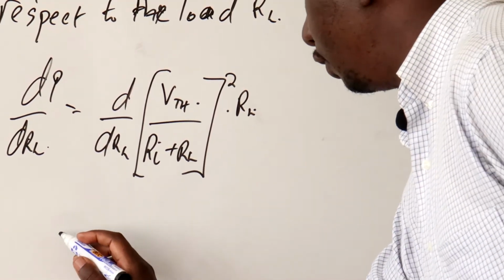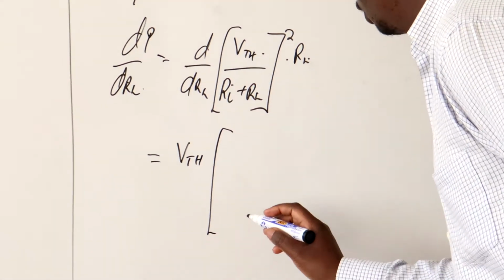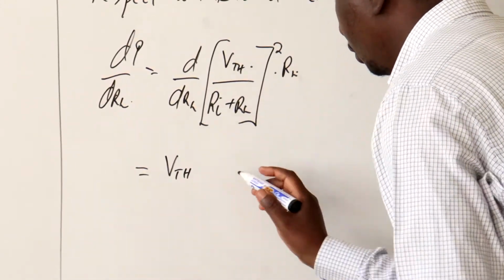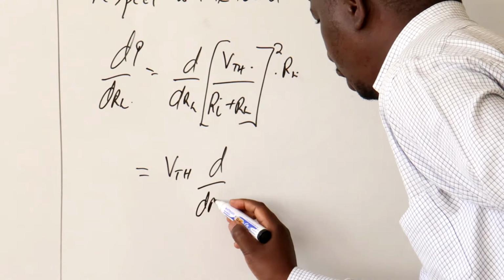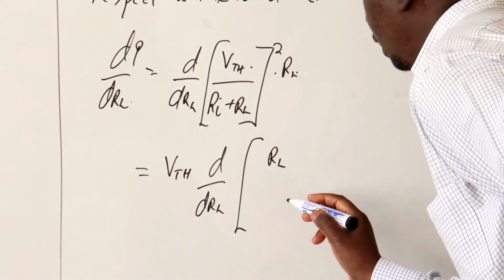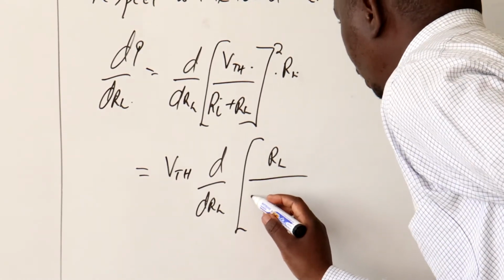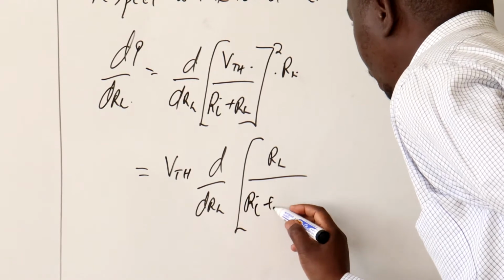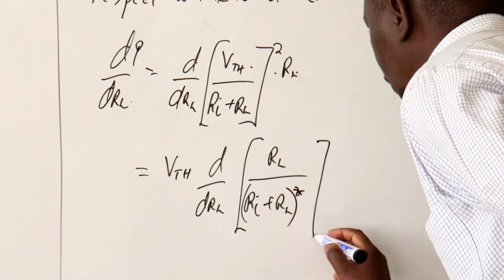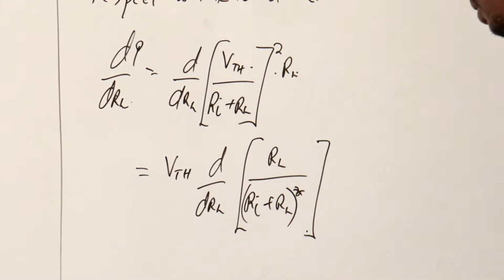So we have VTH taken out, then we differentiate the remaining part, d by dRL of RL over RI plus RL, all squared.